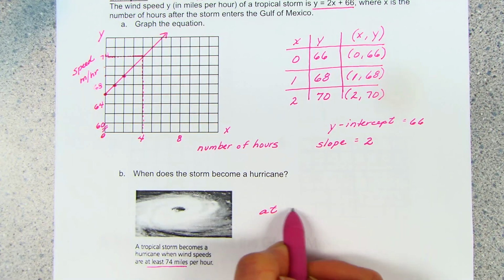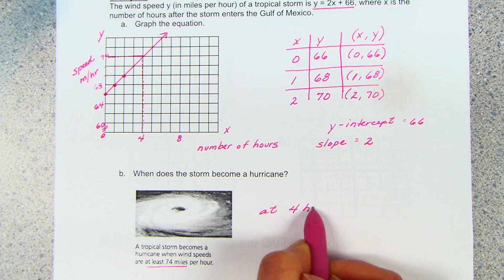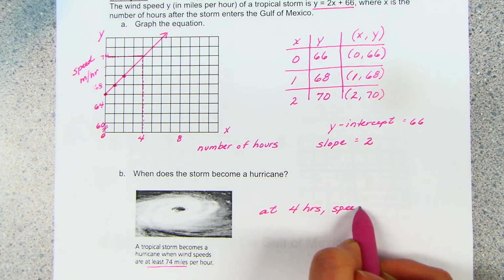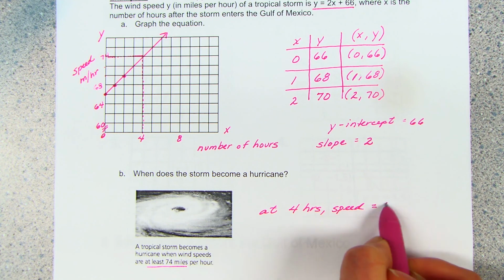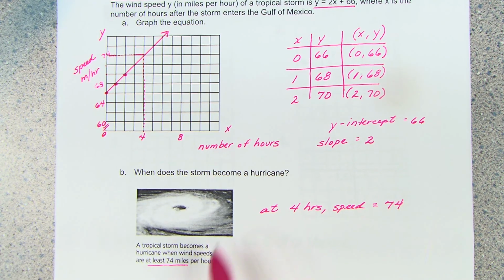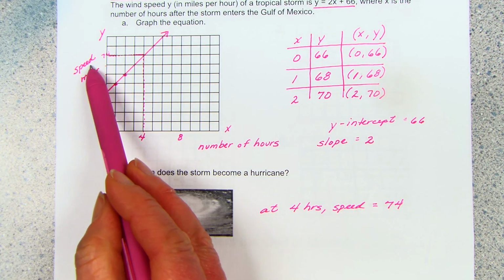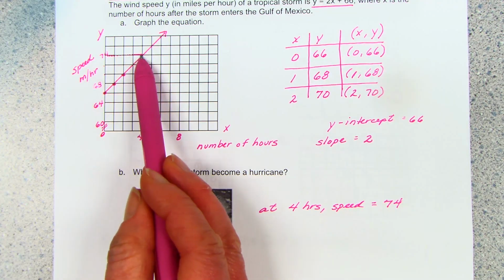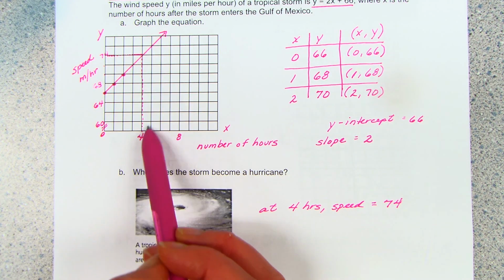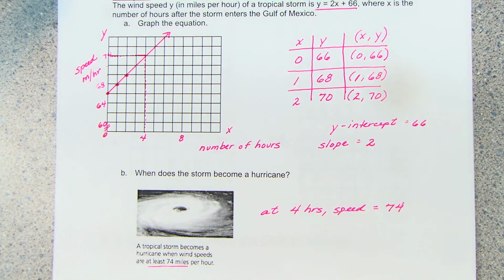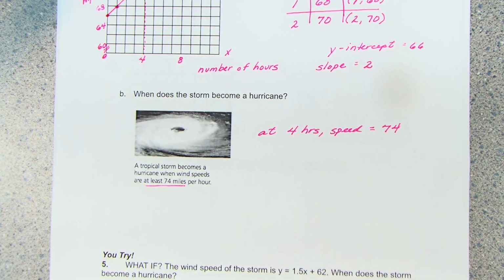So at 4 hours, the speed equals 74. All right. Told me I wanted 74. That's speed. Here's speed on my y-axis. Go up to 74. Go over to where it meets the line, and then find the x value that goes with that. Right?